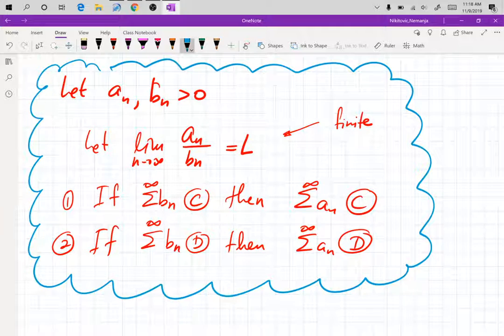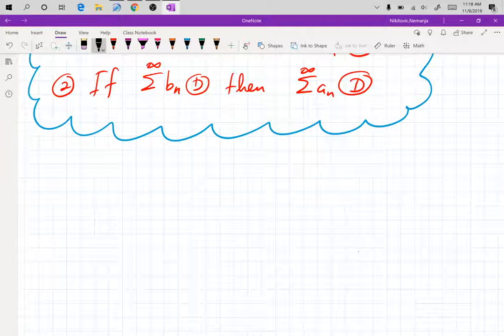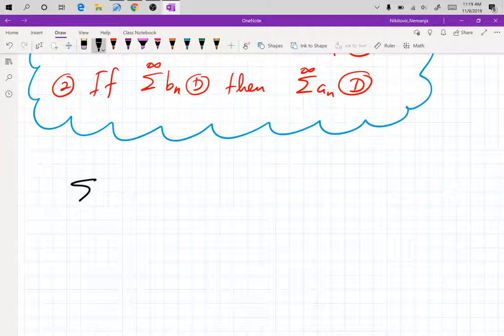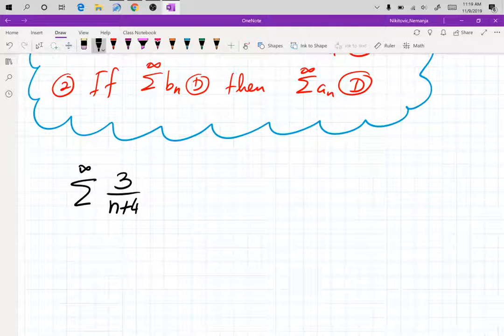Previous problems can be solved using the limit comparison test. I think we had something like 3 over n minus 4, summation 3 over n, but now I'm going to use plus 4 because now it doesn't matter. Direct comparison is very tricky because you might not be able to prove the inequality.